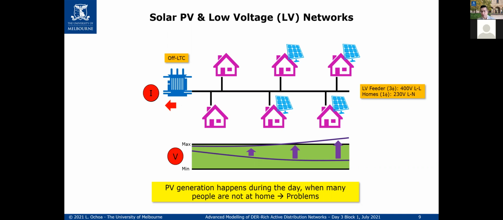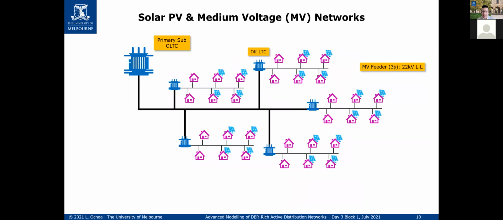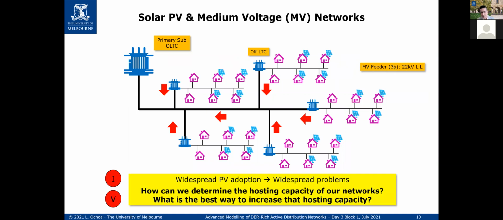Now, these problems are happening around the world, where we are seeing more and more uptake of photovoltaics. And it's not just in the low voltage. Of course, the moment that you look at many neighborhoods doing the same, you are going to have the same reverse power flows, and you are going to affect as well the corresponding voltages and flows on the medium voltage side, for instance, the 22 kilovolt line to line.